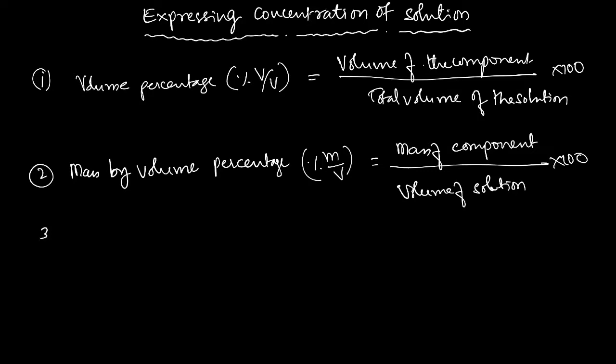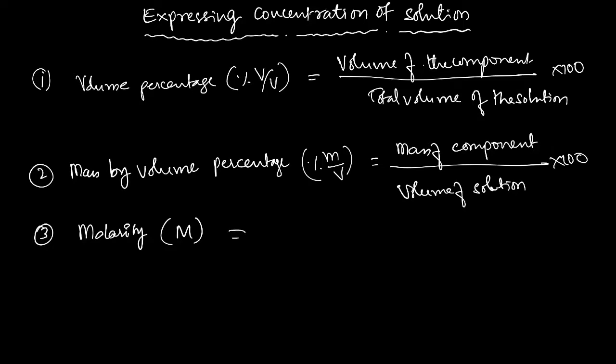The third quantity which we are going to see is molarity. This is capital M. In the last video we had discussed molality, which is actually small m. Molarity is a very important unit.